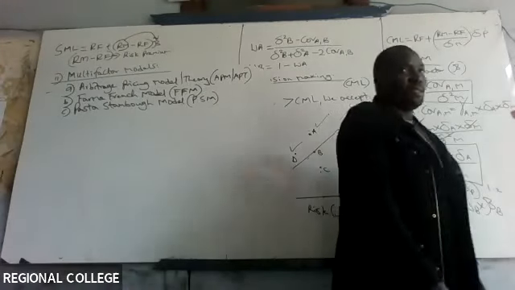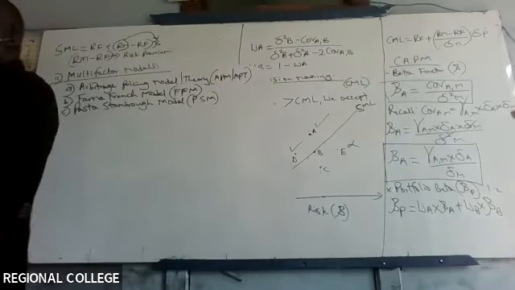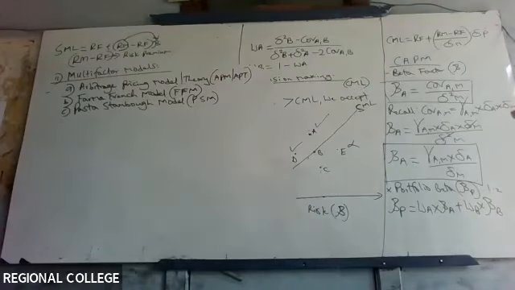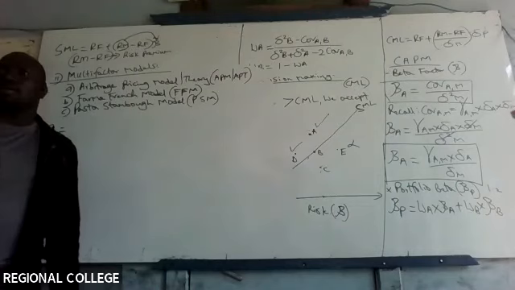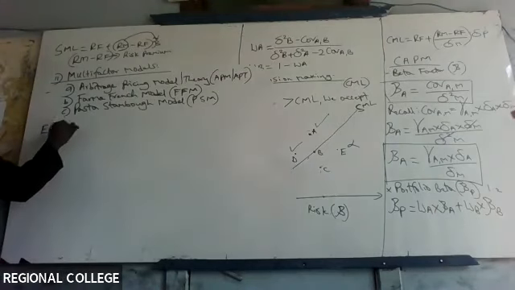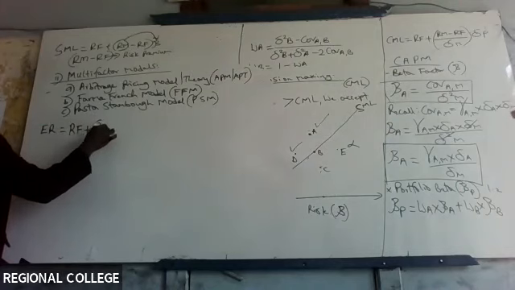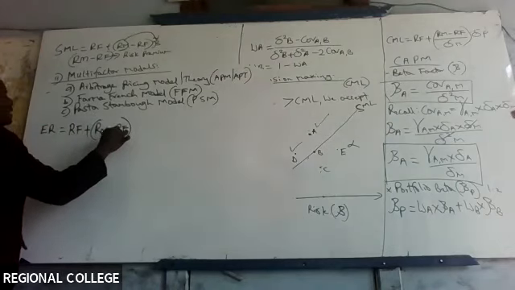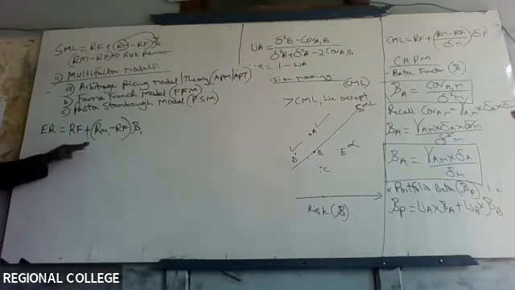Let me say, according to these models, expected return equals RF plus (RM1 minus RF) times the beta of the first component. So this is the SML, single factor.